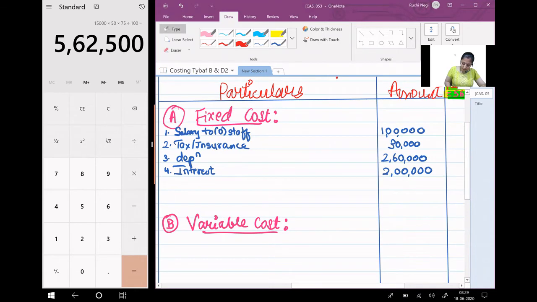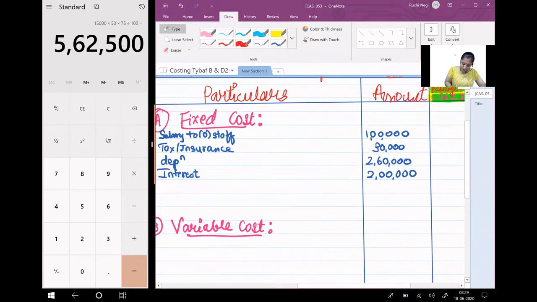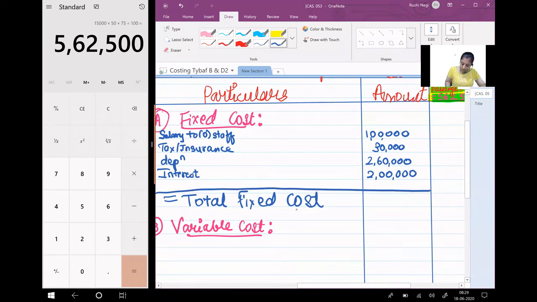Fine. So total this also. Right here, total fixed cost. Total fixed cost, right here.